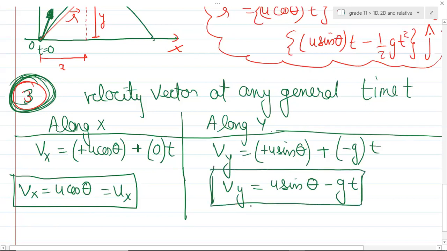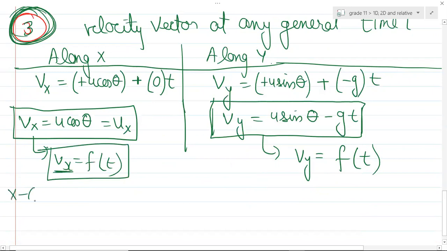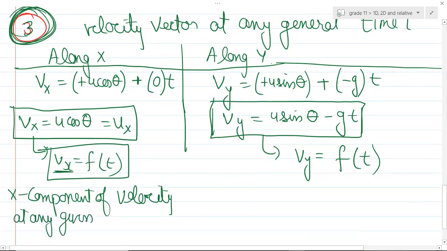Can you see this? This is your y velocity as a function of time, and this is your x velocity. Although please remember, it is not dependent on time. The x component of velocity at any given time is constant and independent of time.